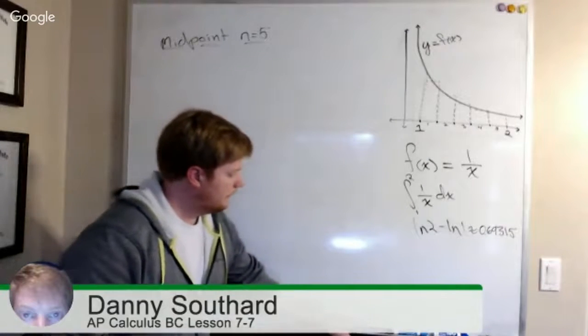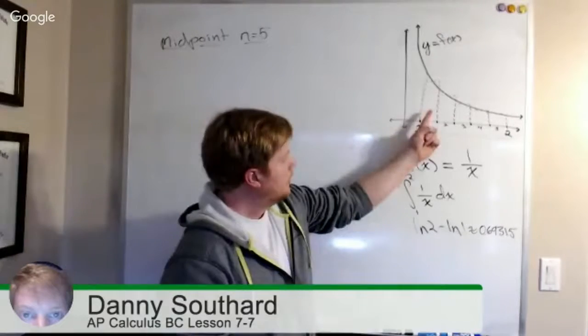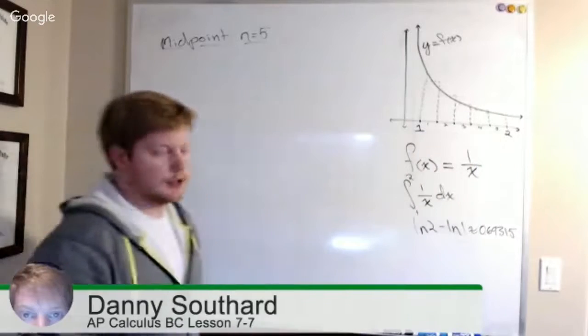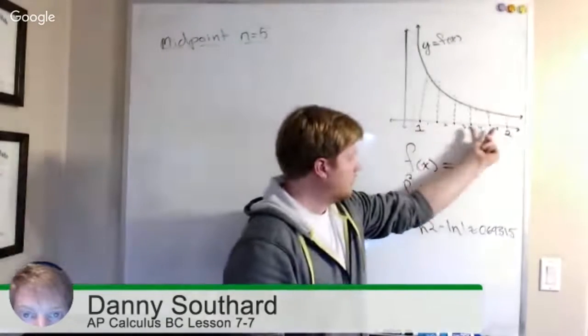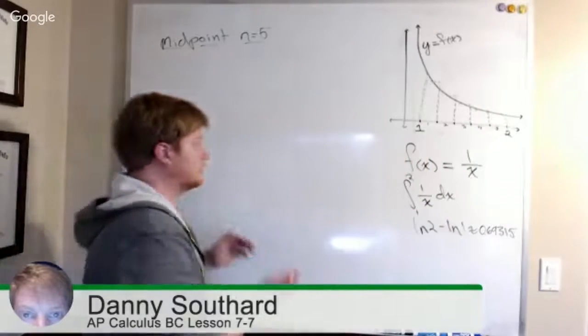What we want to do is add up all the areas of these 5 rectangles. Each rectangle is going to have a width, and that width is 2 minus 1 divided by 5. That's delta x.